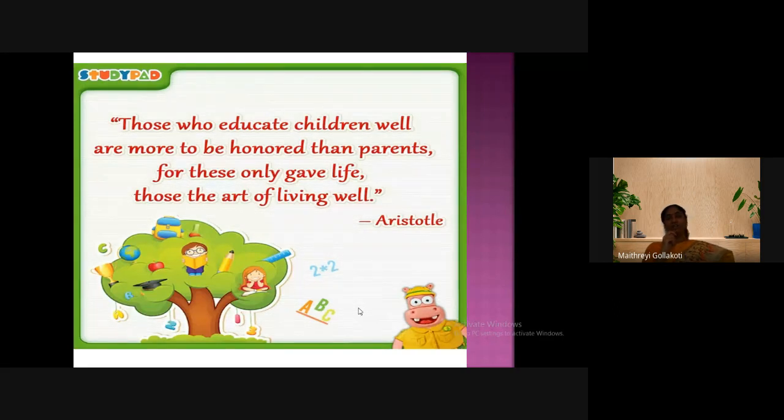So that is what teaching is. Teaching is a very noble profession. We should all be very proud to be teachers and we should all be very responsible to the position that is given to us, because teachers are indeed nation builders.